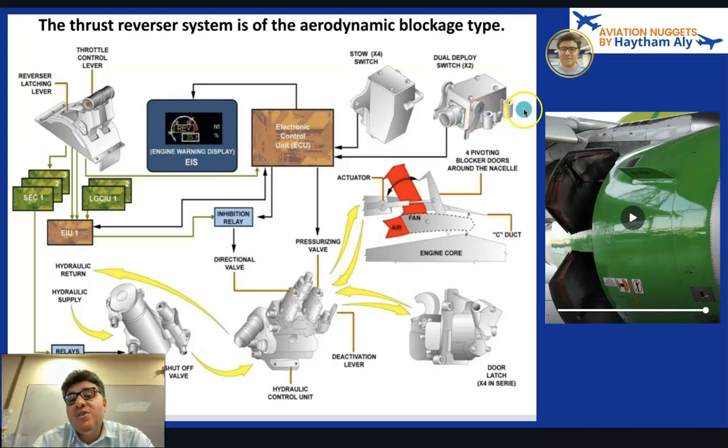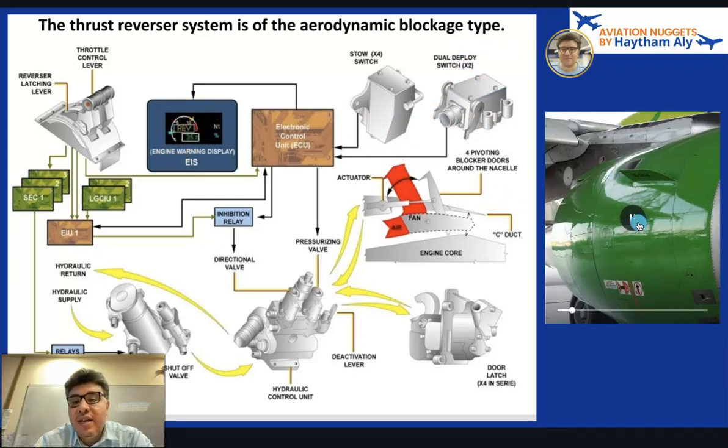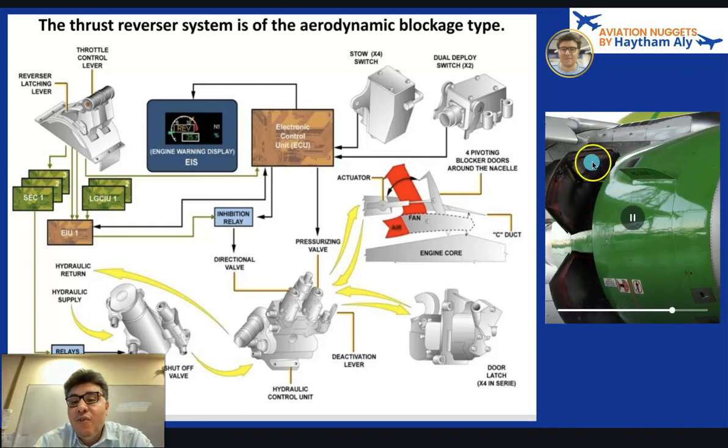And both the dual deploy switches, so the 4 dual deploy switches, need to be at 95% to indicate reverse green on the N1 dial, so that the thrust reverser is fully deployed, as you can see now, fully deployed at reverse idle.